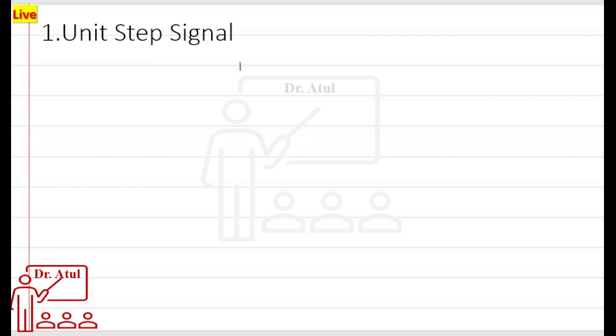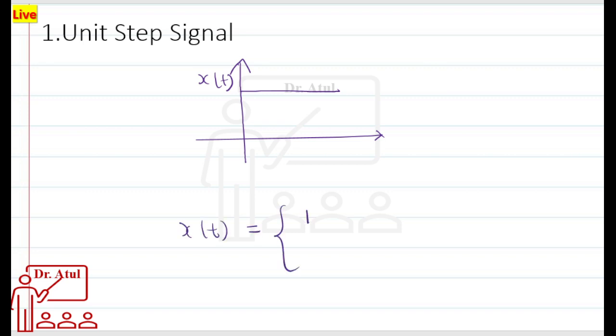So, the unit step signal is a signal which starts from 0. This is represented as x(t) equal to 1 when t is greater than or equal to 0, and 0 when t is less than 0.